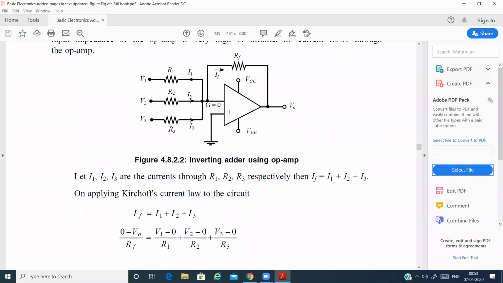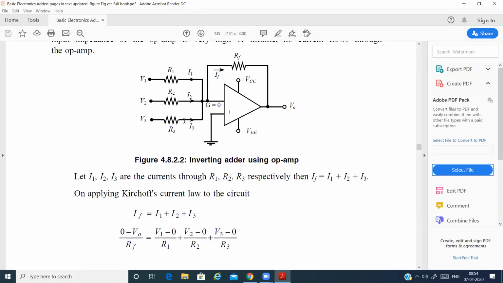When the input impedance is very high, the current entering automatically becomes very negligible. We just assume it is almost zero because it will be in terms of micro and nano amperes, and here we are talking in milliamperes. So nano amperes compared with milliamperes is very negligible.